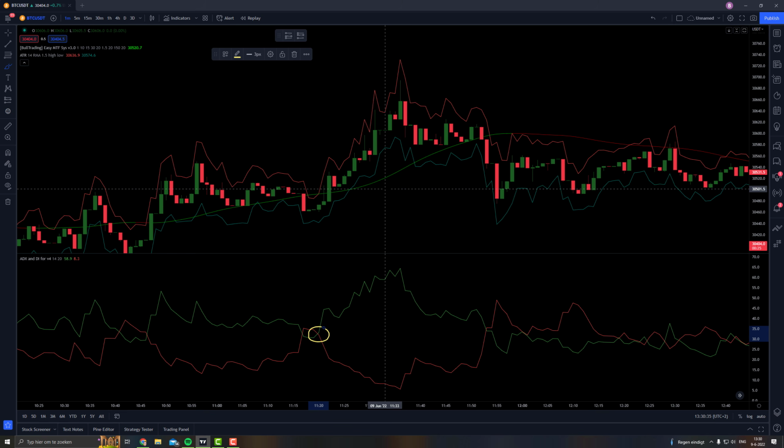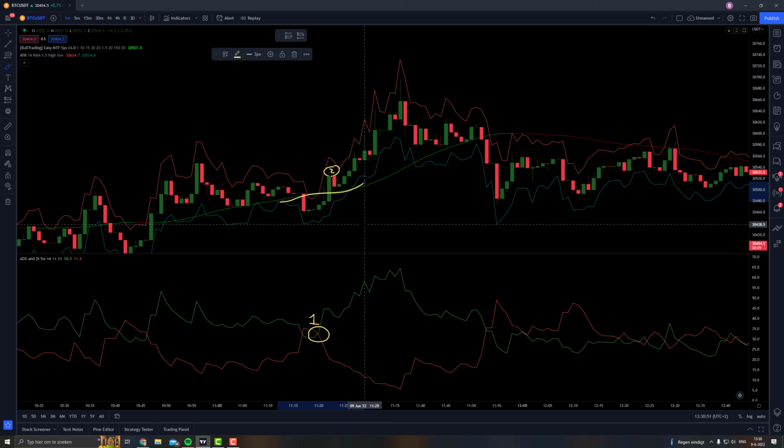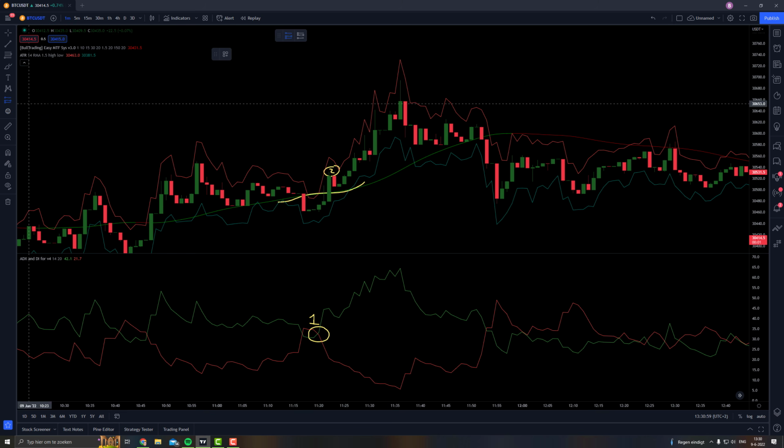That is really important for us. So this is one. We have a bullish cross. Number 2 is that this candle is closing above the trend line. And the third one is that the trend line should be green. So that is our third confirmation, and that is where we take a long position.